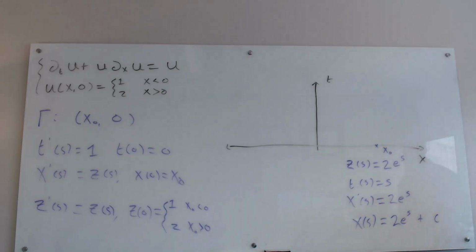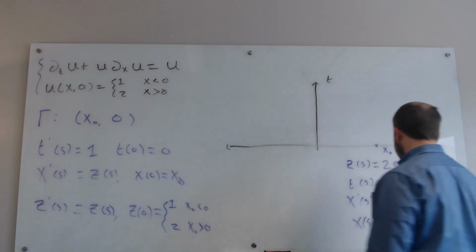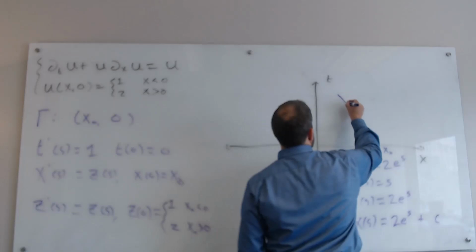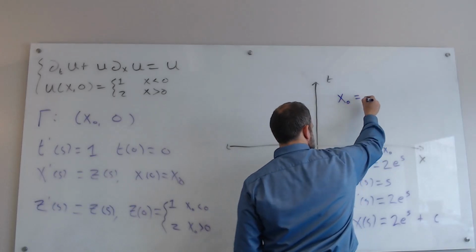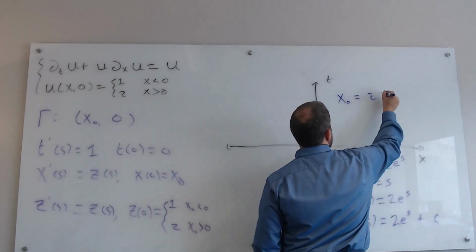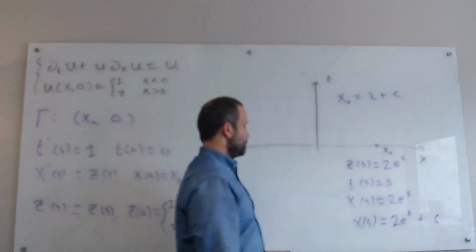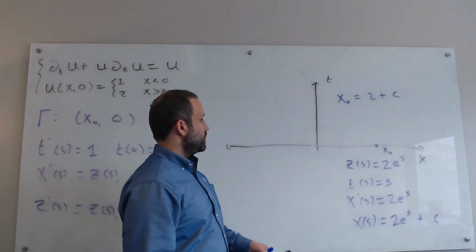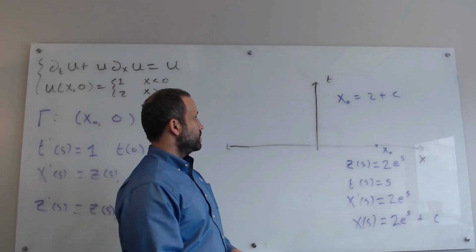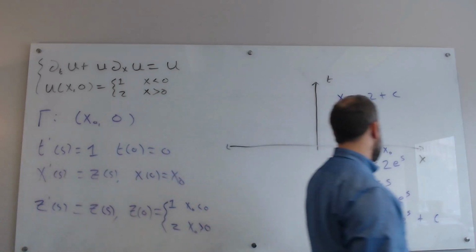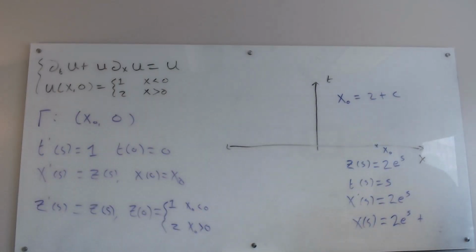So when s is equal to 0, x of s should be equal to x naught. So we're going to have x naught is equal to 2 plus c. So c is equal to x naught minus 2. So it's going to be plus x naught minus 2.